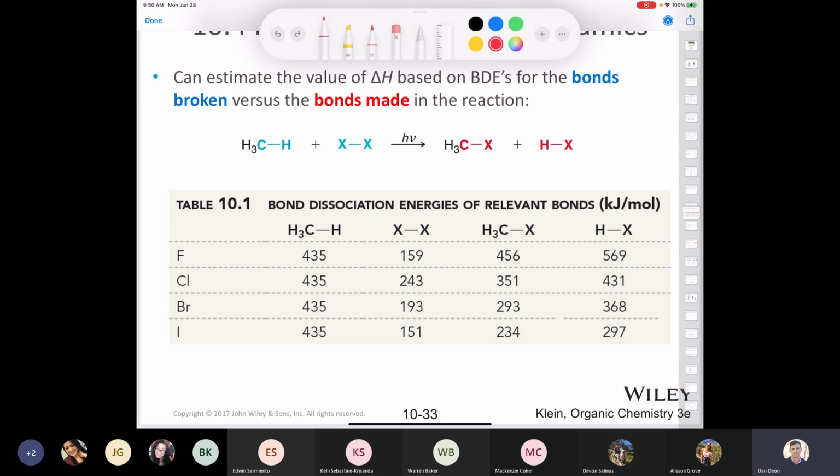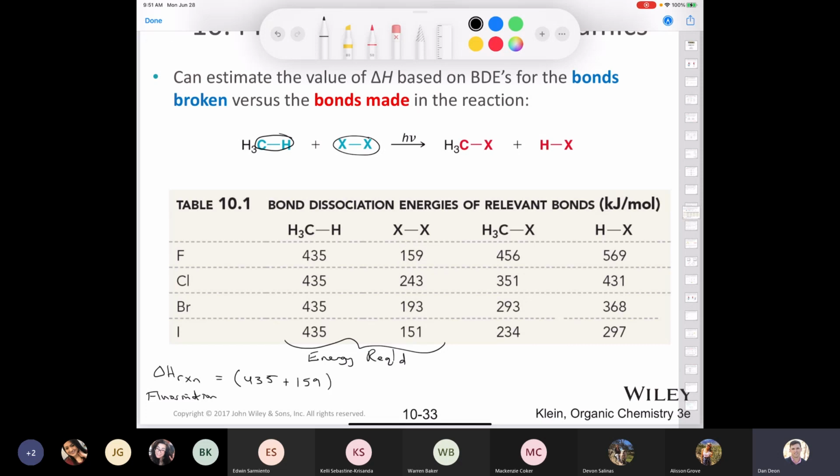So if we wanted to calculate the delta H of the reaction for fluorination, okay? Well, remember that to break these bonds, you want to break this carbon-hydrogen bond, you want to break the dihalogen bond, that's going to cost you energy, isn't it? That's energy that's got to go in. So we're going to say energy required, okay? So how much energy is it going to take to break the bond? 435 kilojoules per mole. And we're also going to have to break the F2 molecule, which is going to cost us 159 kilojoules per mole.